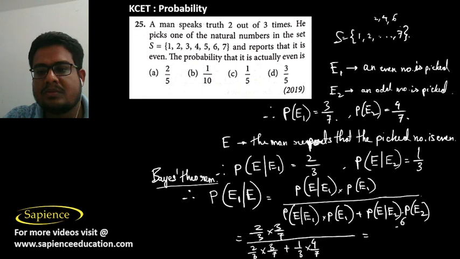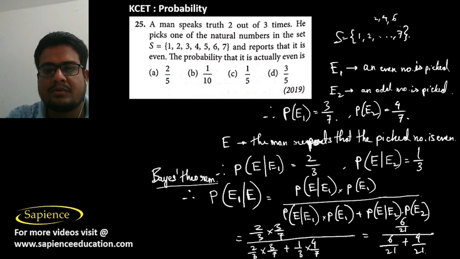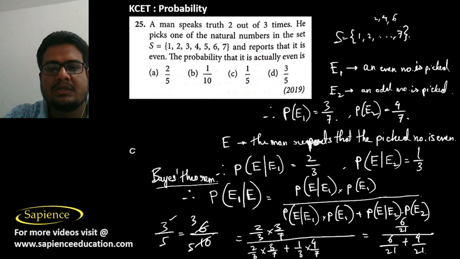So this will be 6 by 21 divided by 6 by 21 plus 4 by 21. So this will be equal to 6 by 10. So it is 2, 3 are 6, 2, 5 are 10. So the answer is 3 by 5. So option D is the correct answer.